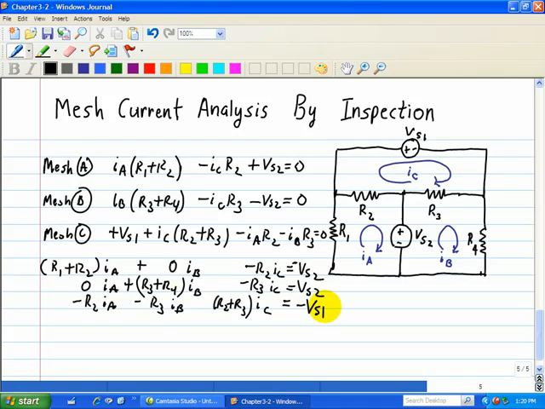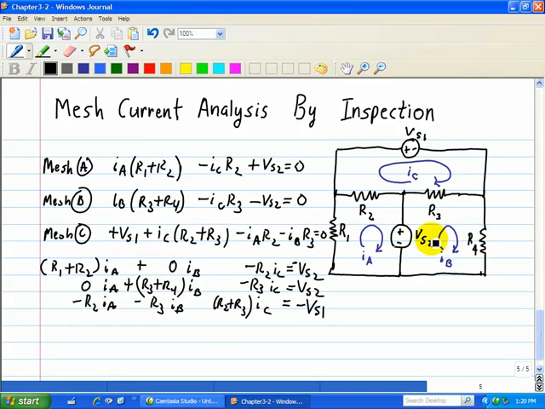So if you notice the pattern associated with the circuit, we start off with IA and we see what goes through IA. So we have resistors R1 and R2. What's common in R2 is IC, so that must be a minus R2 IC. Then we look at IB for our second one, and we know it goes through R3 and R4.